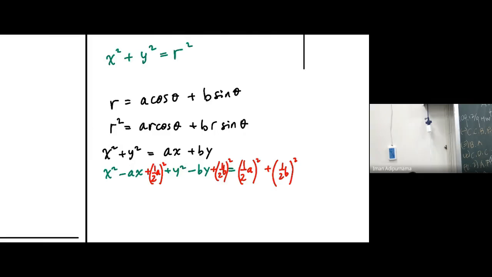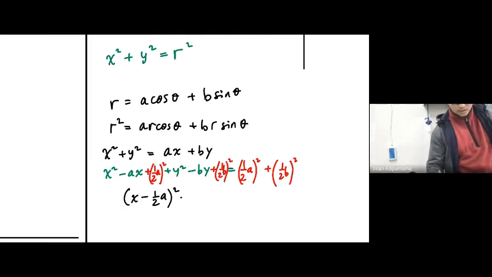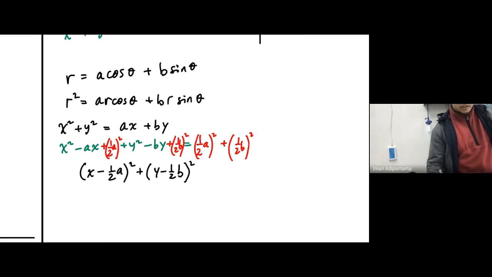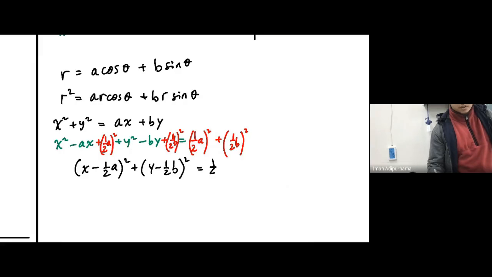I can do this, right? I can add half a squared, and then this is also half a squared. Equal, right? Half b squared and half b squared. Okay? This becomes x minus half a, squared, agree? And then plus y minus half b, squared, and this will be 1 over 4. I just write the value.